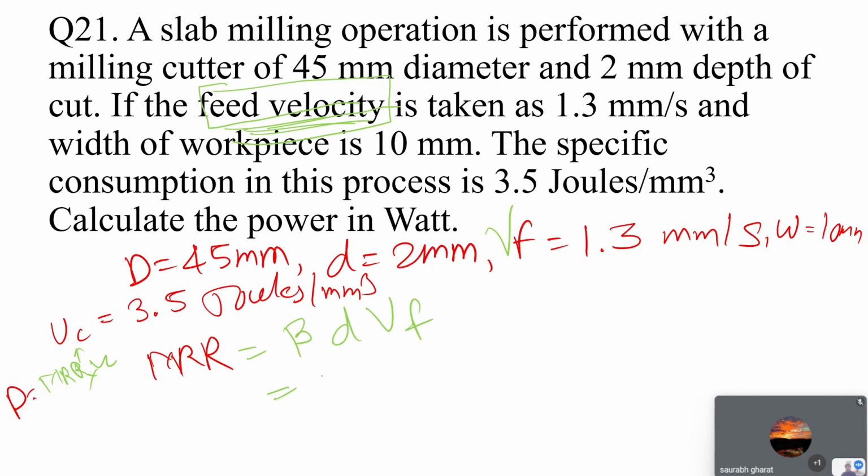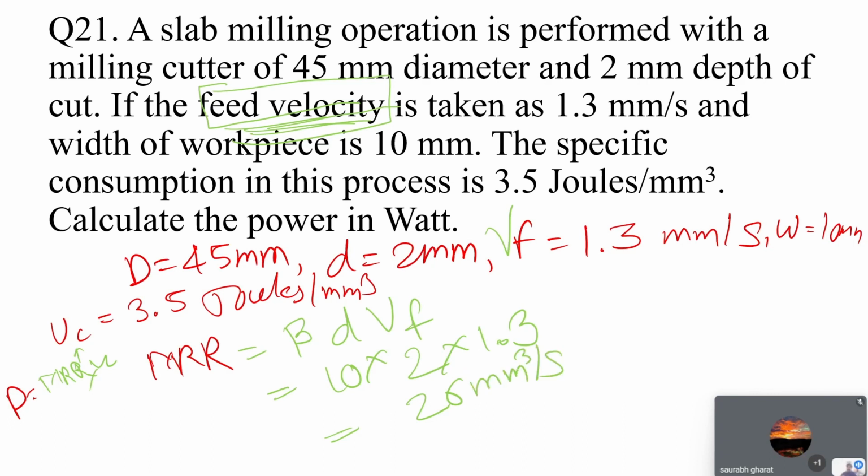So MRR is equal to 10 into d, which is the depth of cut, 2, and your VF 1.3, which is equal to 26 millimeter cube per second.